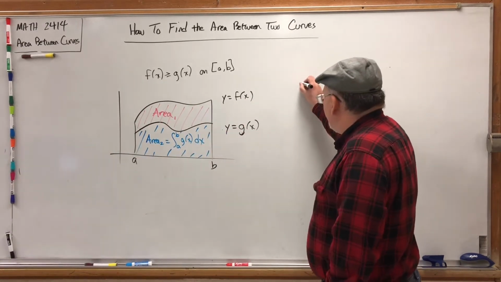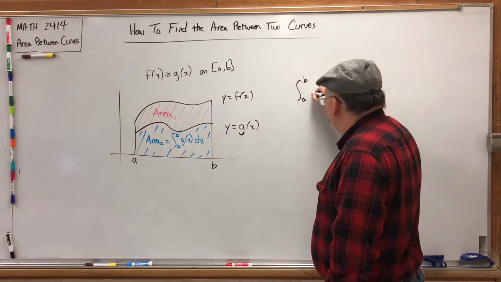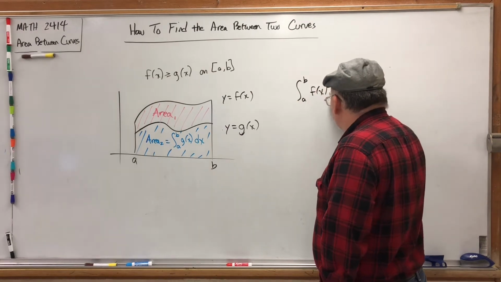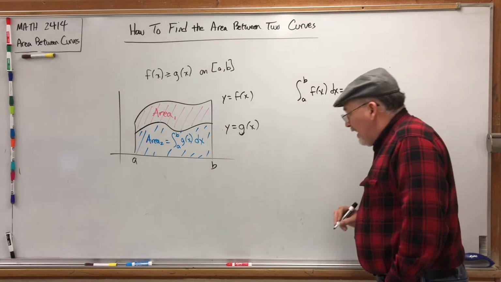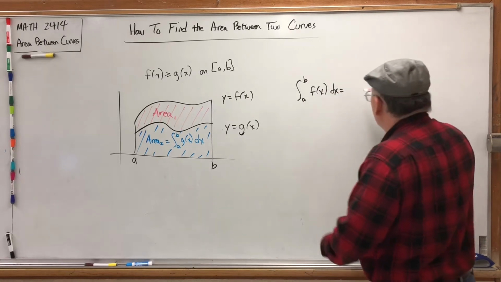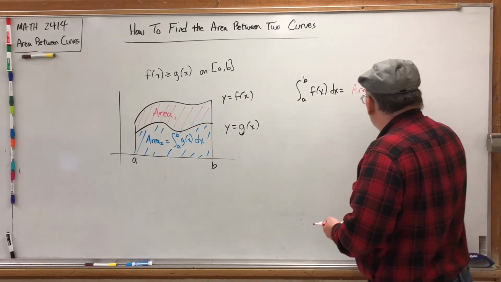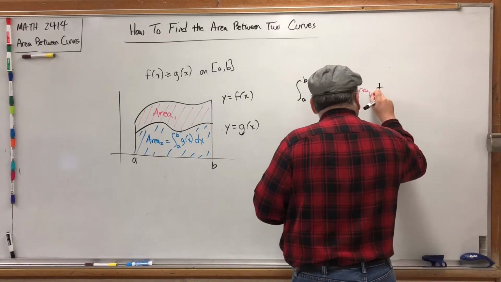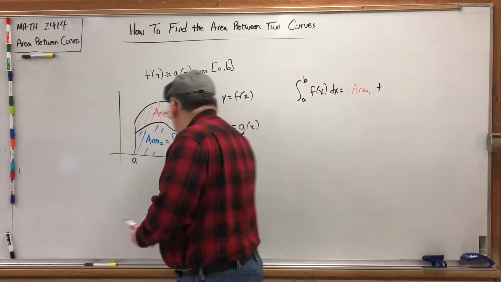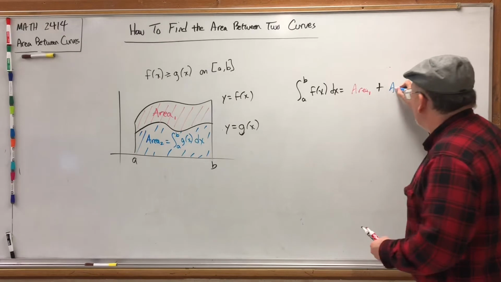If we did the integral from a to b of f of x dx, that would give us the red area, so area 1, plus the blue area, area 2.